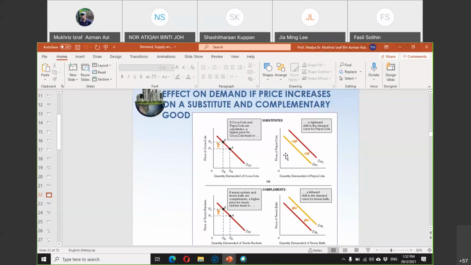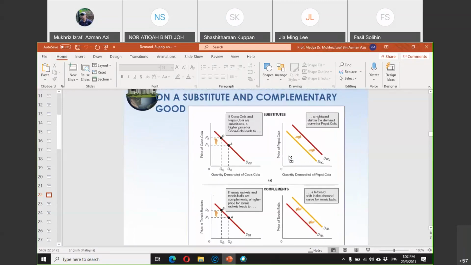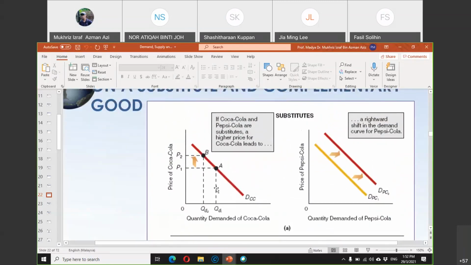Okay, so when you look at these two diagrams, this is the cost, and this is the effect. So you can see that the effect is the one that is shifting, not the cost.